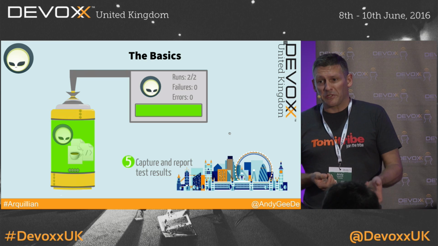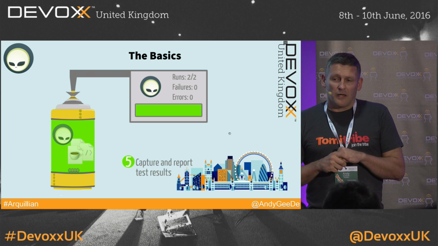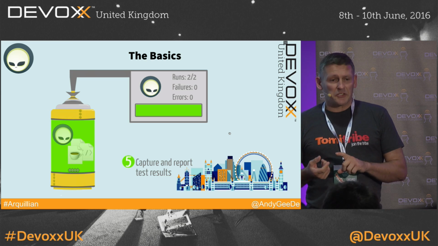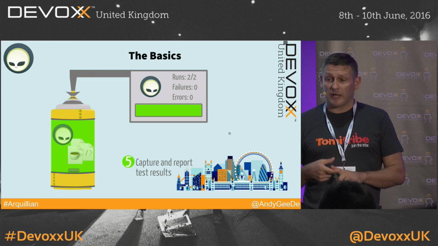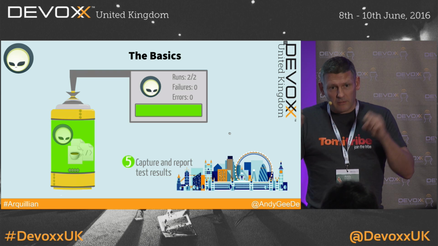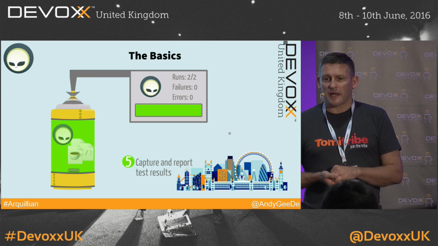Obviously, once we run the tests, we need the results from those tests. So you're actually physically going to deploy your application to your server, which doesn't necessarily need to be a local server. So there are two ways of running these tests. One is local, so you can have your application server on your machine, or you can have a remote server. In the instances of some of these big, expensive application servers, it's not viable to have those on your desktop.